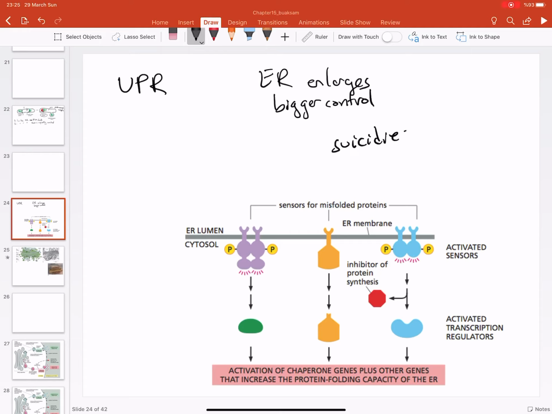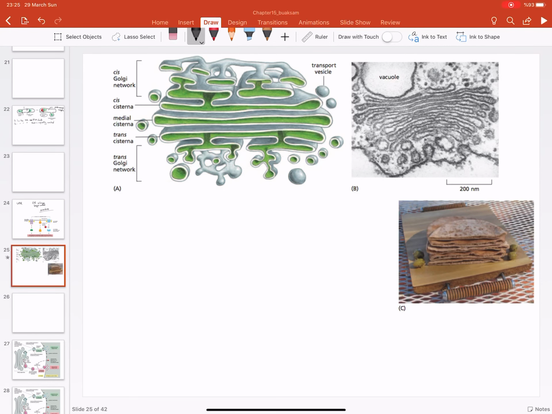It kills itself, because a cell with too many unfolded proteins can be dangerous for the body. So it has to kill itself, induce apoptosis, so that it's not going to affect badly the rest of the body. And this is the case in diabetes. I'm going to explain it better tomorrow in the lecture, sorry.